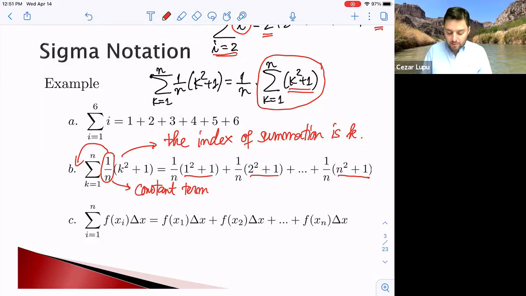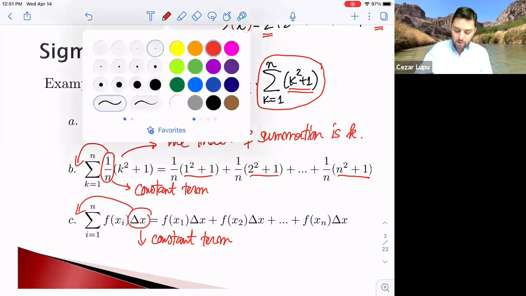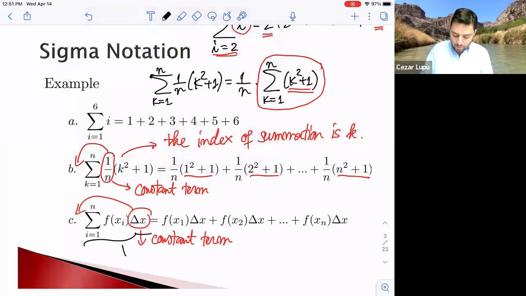You see, delta x is a constant term. So since this is a constant term, we can take it out of the sum. And then we're left with delta x times the sum from i equals 1 to n of f of xi.